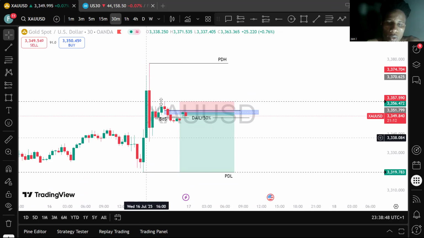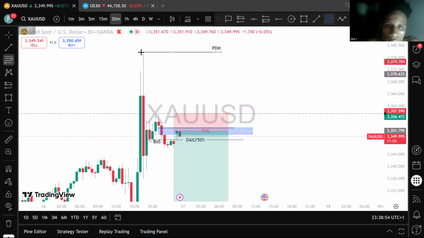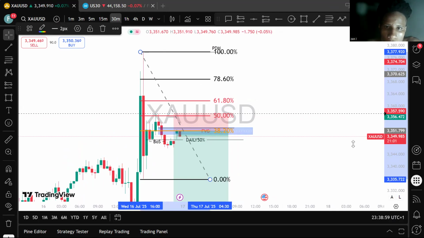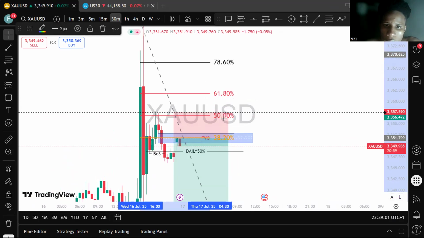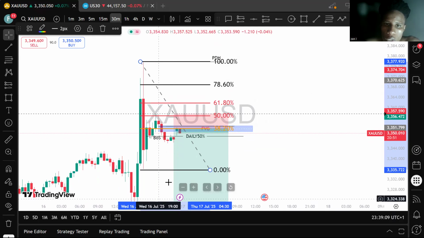Then there's some form of pullback. So I'm like, okay, let's see. Tap, tap. And you can see that price taps to 50% of this swing movement, this swing high, swing low. Price taps into the 50% of that swing movement.